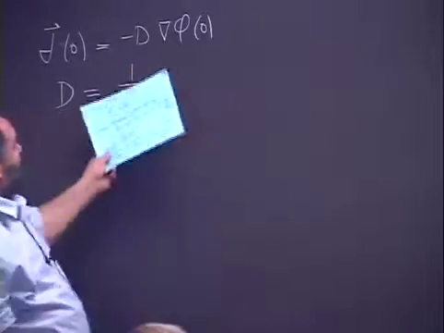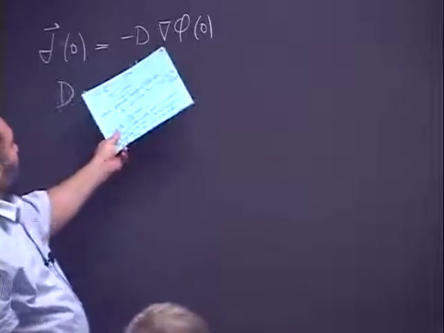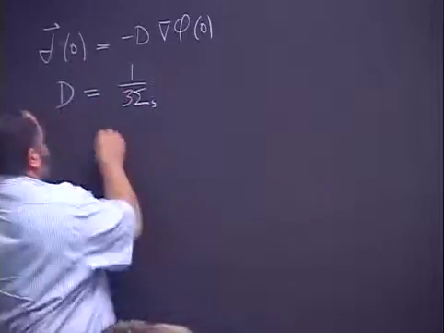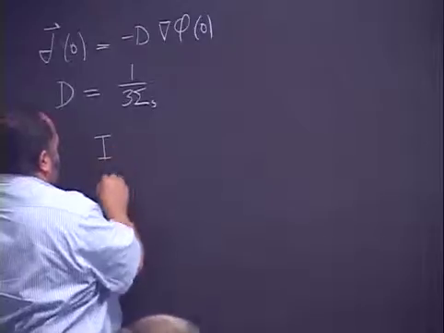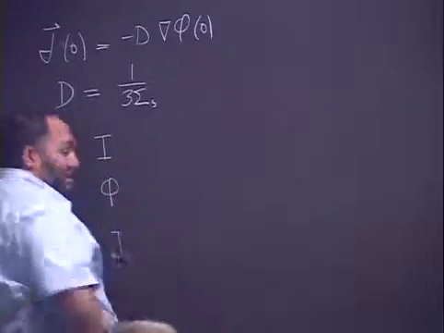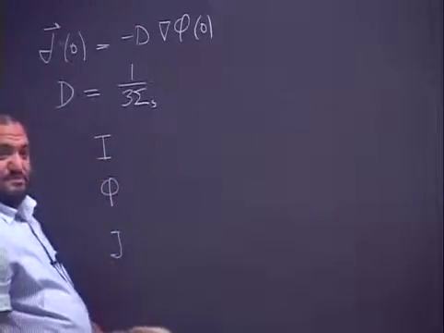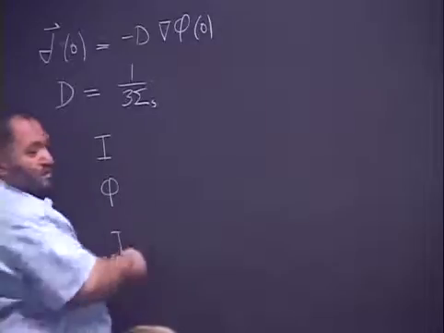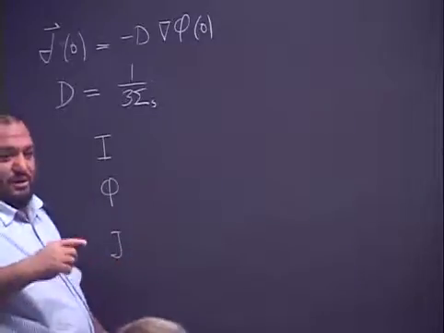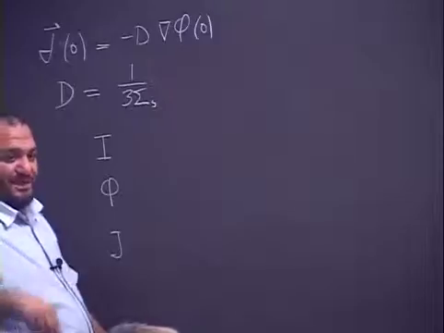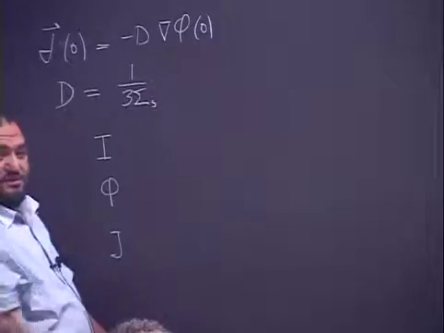So do you know what's the difference between those three terminologies, I, phi, and J? All of those are number of neutrons per centimeter square per second. But what's the difference?